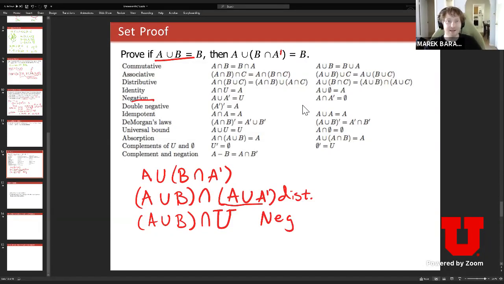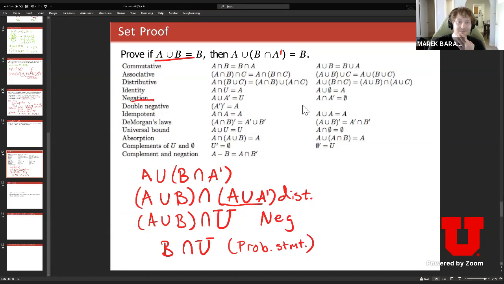And then we substitute with the info. Yeah, so we can use the fact that A union B equals B. So we can rewrite this as B intersect the universal set. This is a problem statement. And then finally, identity.